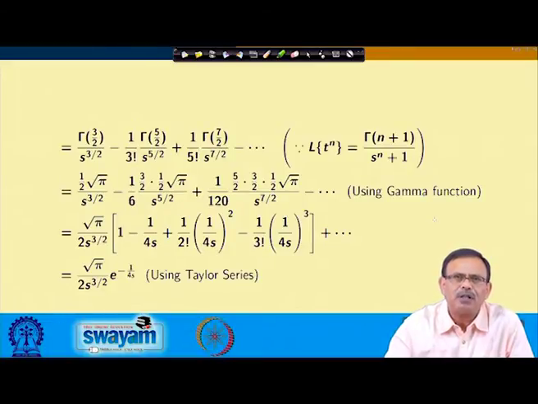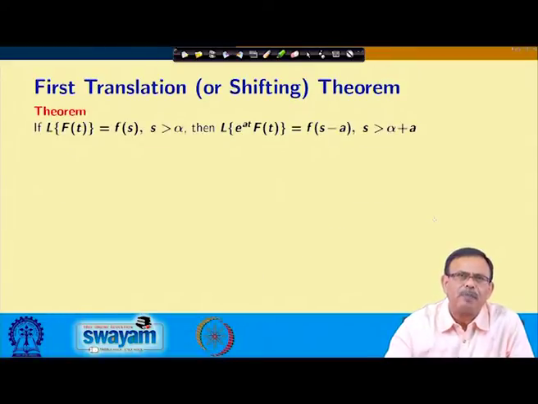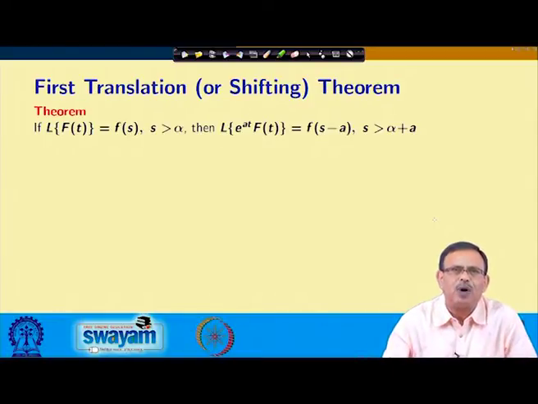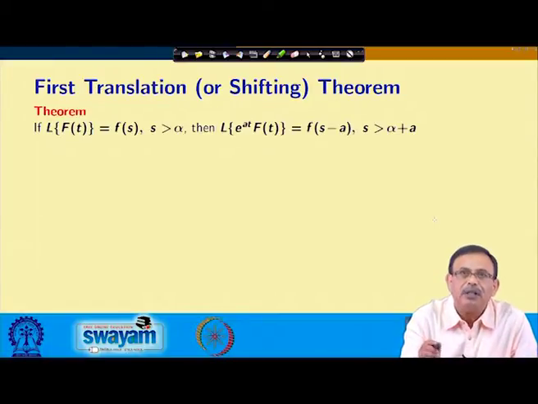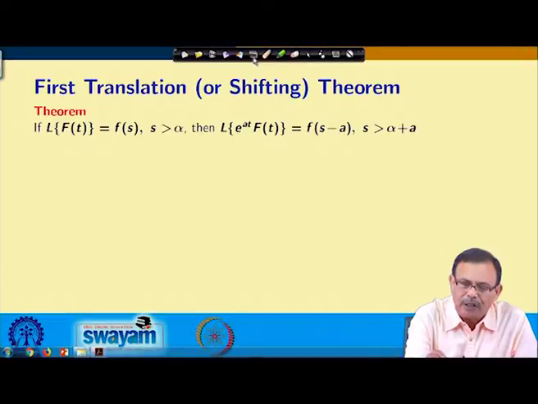The first property is this: if the Laplace transform of f t equals F s, then the Laplace transform of e power a t into f t is F of s minus a. Please note this. Let us see how we can derive this one.